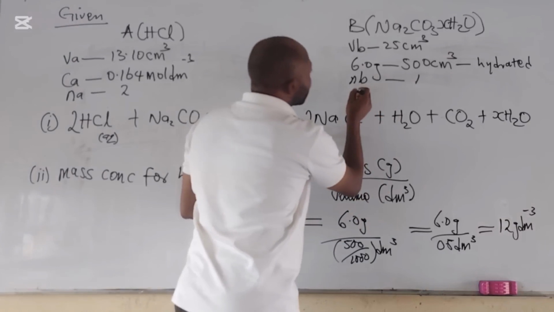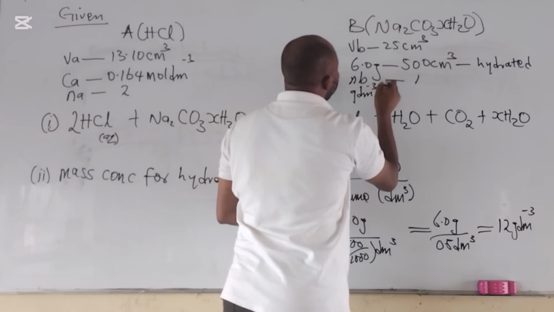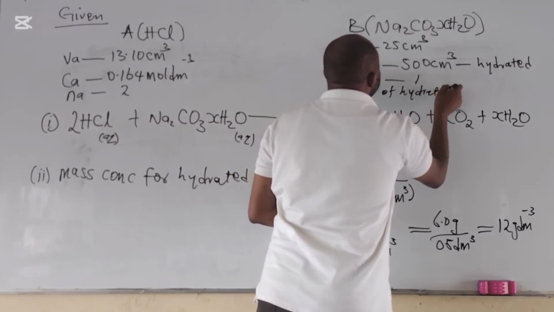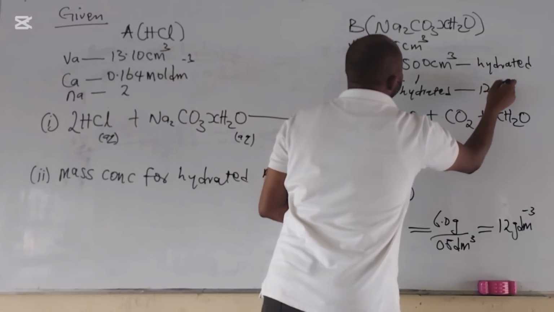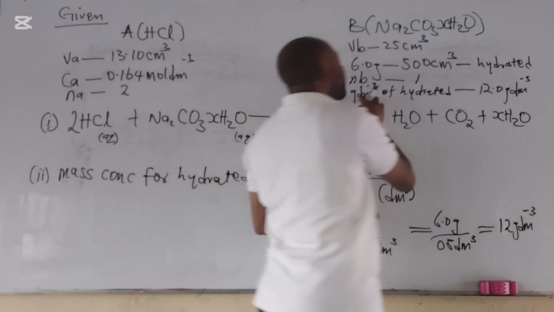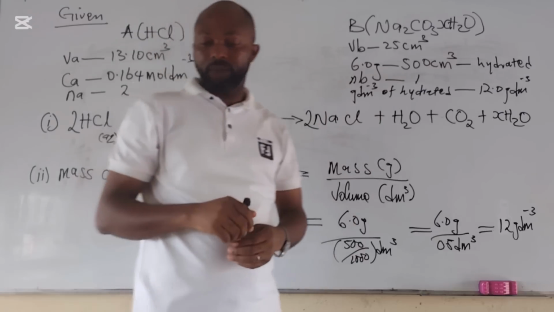So I'll put here that g/dm3 of hydrated B is 12.0 g/dm3. The g/dm3 means mass concentration. Because of space, I always prefer to use g/dm3.